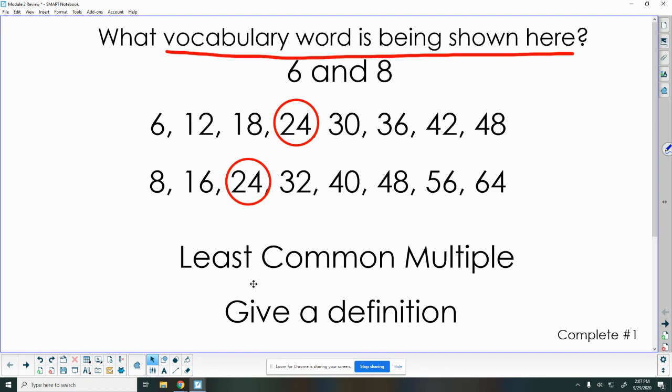The least common multiple is the smallest number that they share when you multiply. 6 times 1, 6 times 2, 6 times 3. So remember, multiples are more. Go ahead and pause the video and complete number 1. Come back when you're ready for number 2.